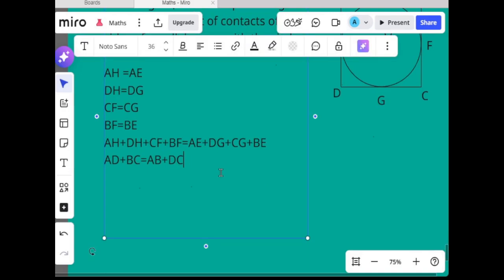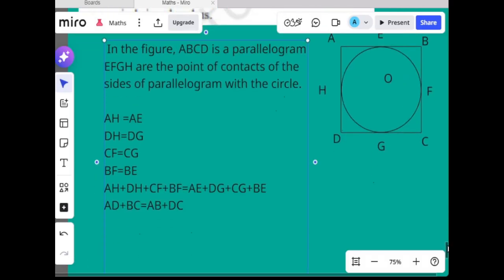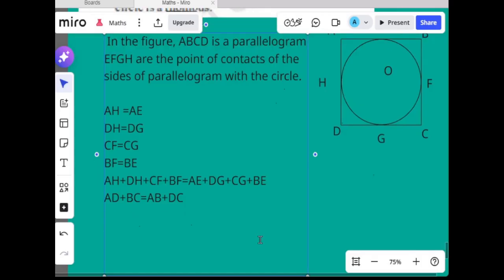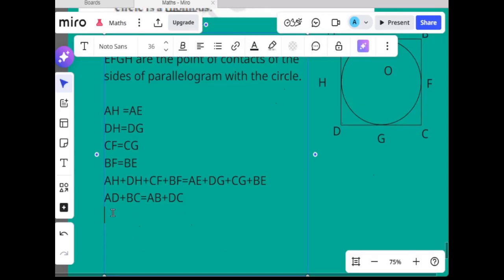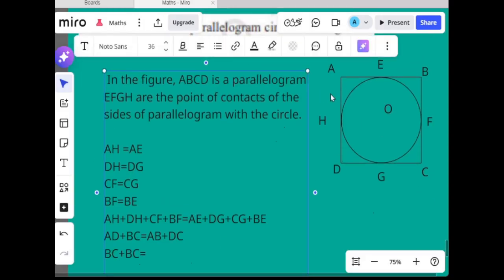But since it is a parallelogram, opposite sides are equal. So AD is equal to BC, and AB is equal to DC. So we write BC plus BC is equal to AB plus AB.